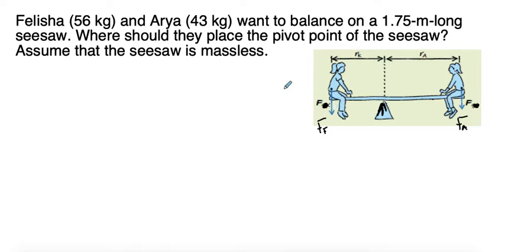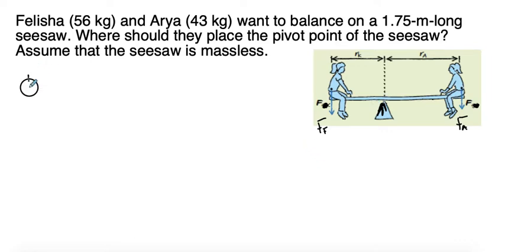Now we have to think back to some basic physics concepts. If we have 56 kilograms, that's a mass measurement. How do we turn a mass measurement into a force? Well, what's always pulling down on the mass here? That's gravity, which is 9.8 meters per second squared.